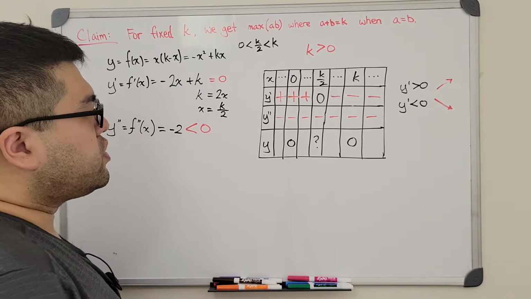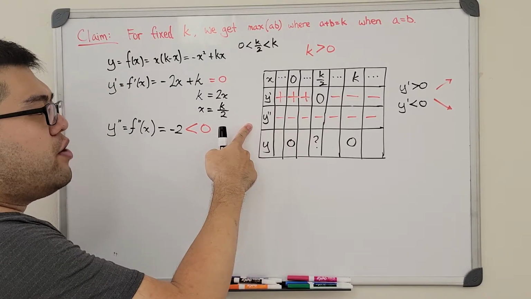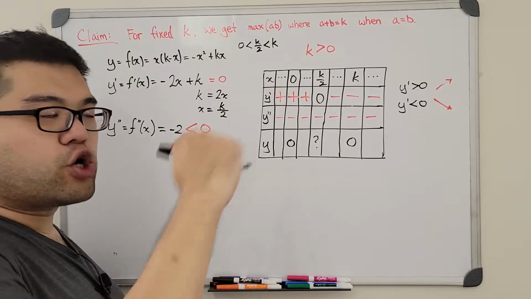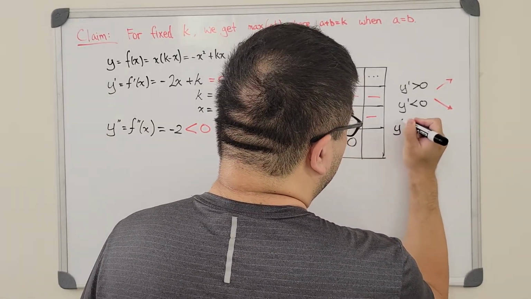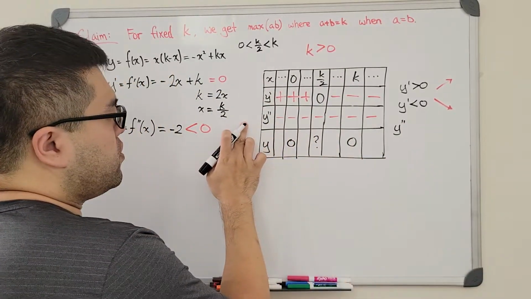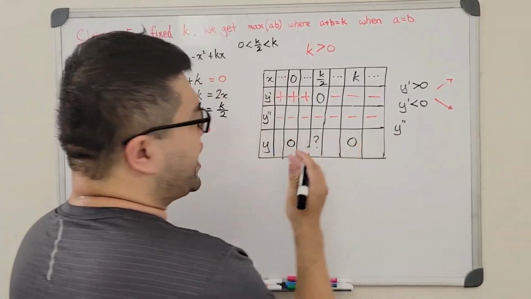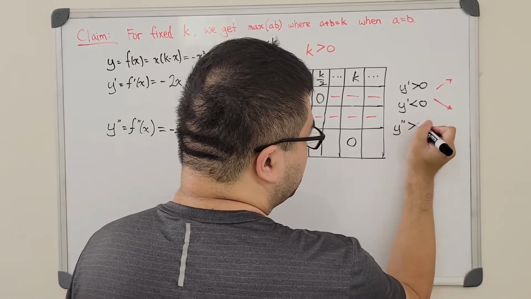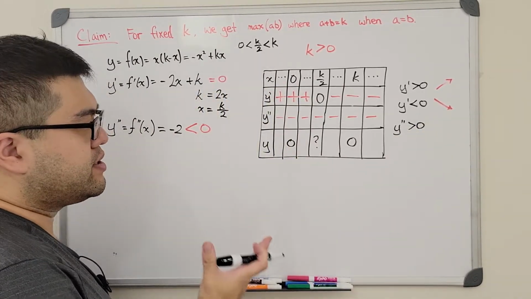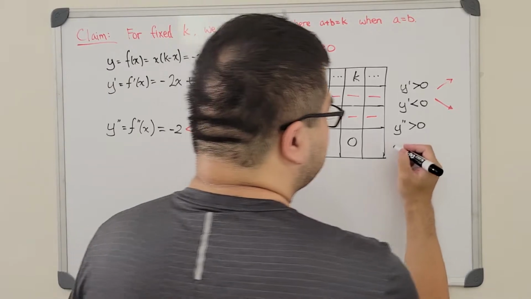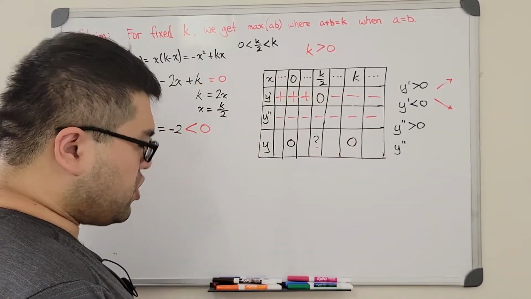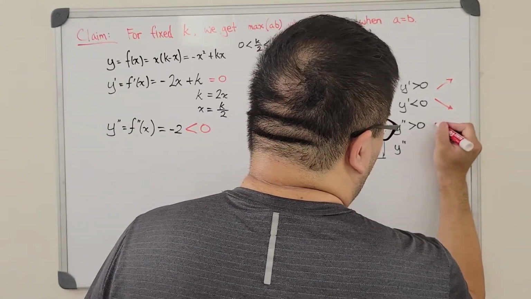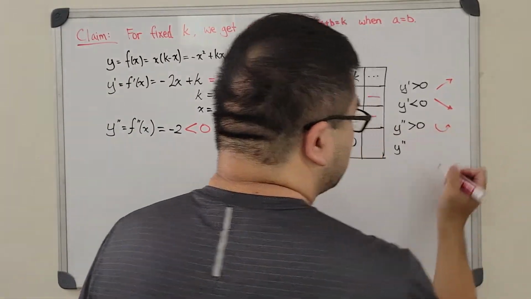Next, what does the double prime do? Well, it tells us how it curves the function. So, if the second derivative, or y double prime, is greater than 0, which is not in our case, but I'll write it out anyway, this is going to give us a graph that looks like an open up shape, like this.